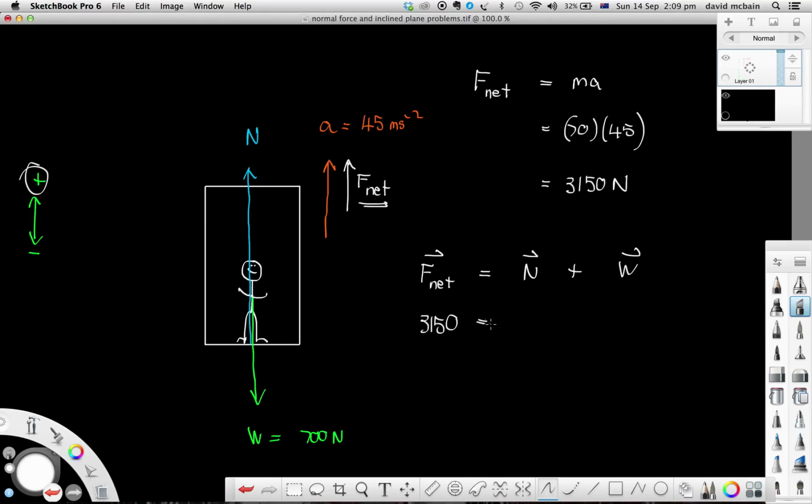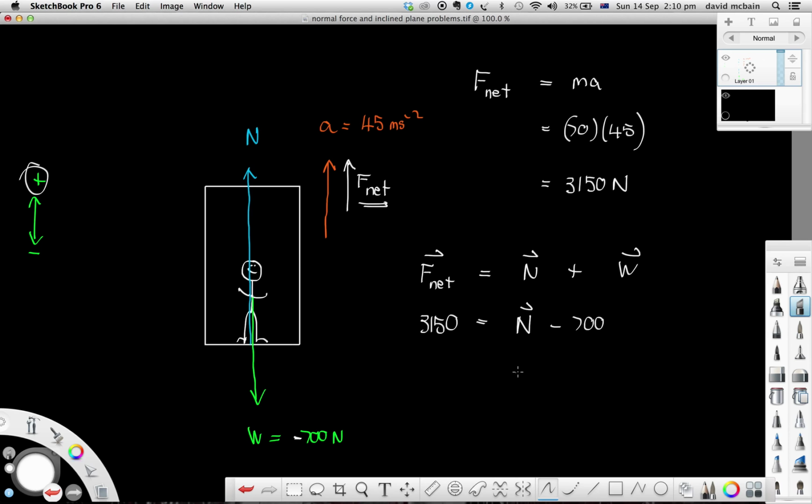3150, and that will equal the normal force, which is what we're trying to find, plus the weight force. Well, the weight force is acting down once again, and therefore once again it will be negative, so it'll be minus 700 newtons.